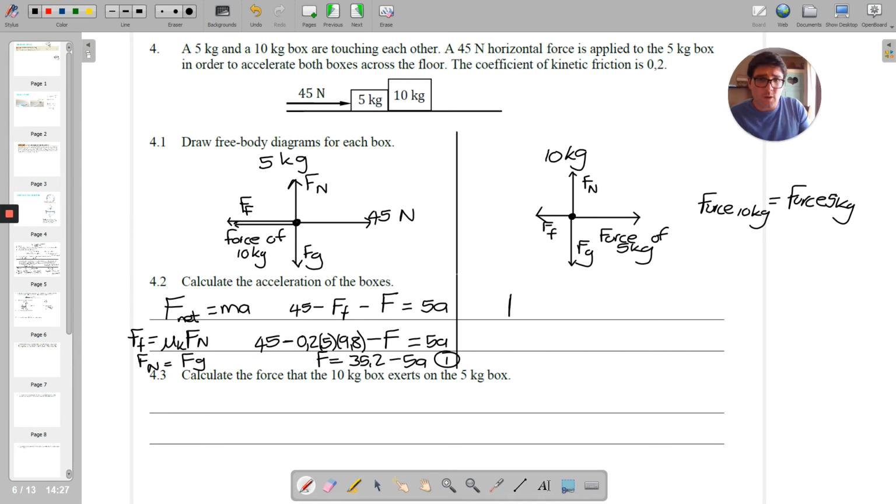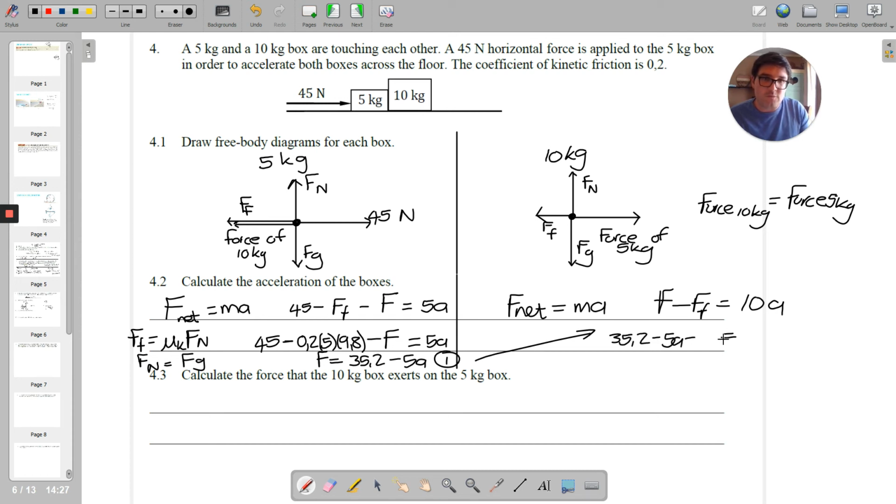Once again, we work with Newton's second law to solve this problem, which says F net is equal to ma. In this case now, it's the force of the 5 kg, which is F, minus the frictional force, which will be equal to the mass times the acceleration. So in this case, that F we can replace with 35.2 minus 5a.